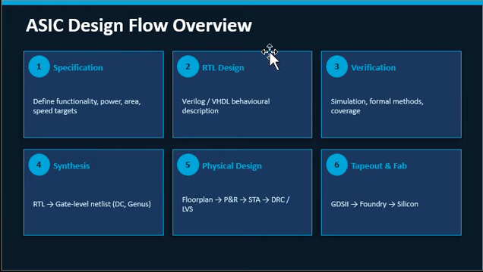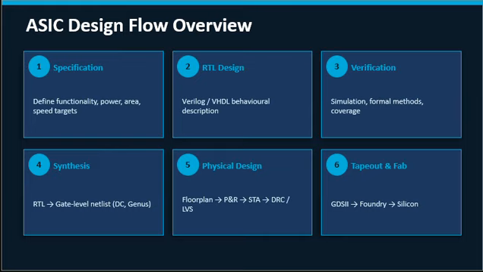Then we go for the RTL design, in which we write the Verilog code for the full adder that will comprise the half adders. Then we verify it using our test benches. We'll simulate, and there are many formal methods for verification. We'll use UVM or we can use SystemVerilog as well.